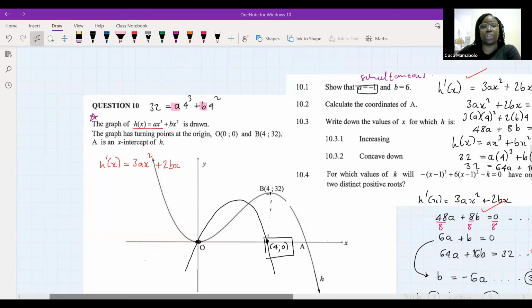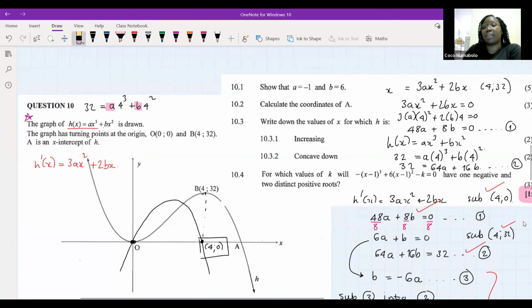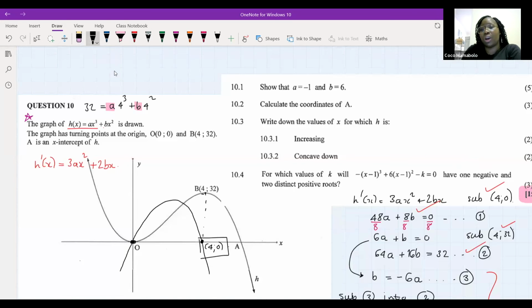Okay, good. So we're not going to spend too much time calculating the coordinates of A because they've given us the cubic function. So we're just going to sub in the y value, which is 0, and then we can just solve for x. So y is equal to negative x cubed plus 6x squared.